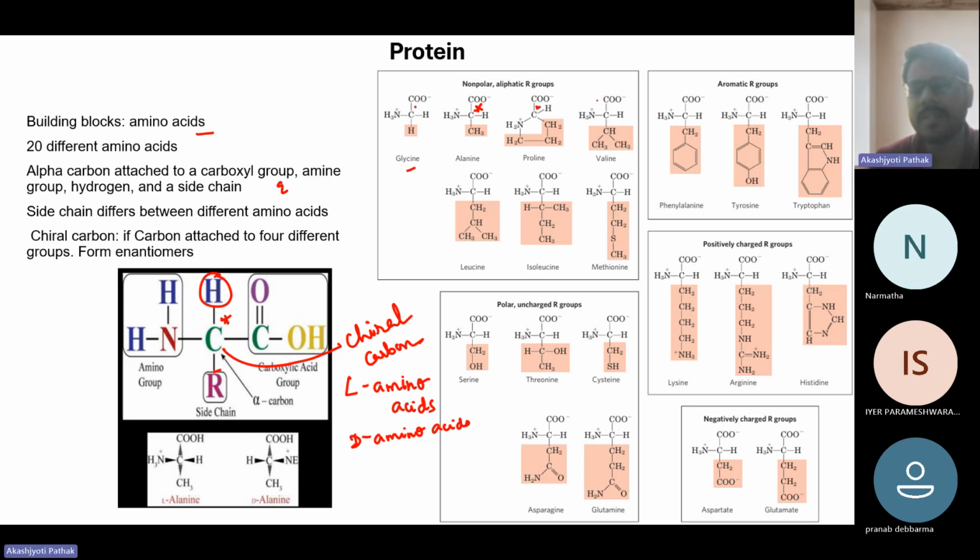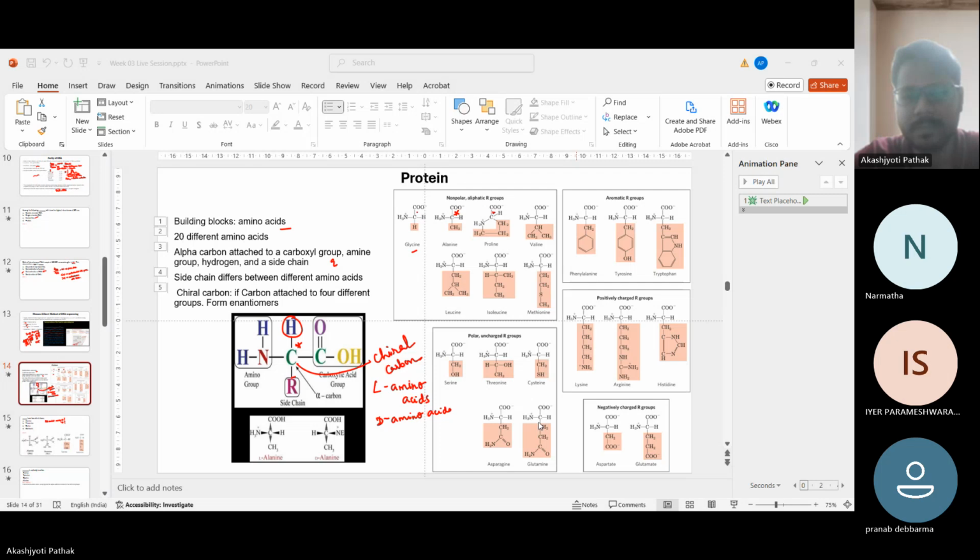So these are the structures of different amino acids. Now, just seeing the structures, can you search for the amino acid having two chiral carbons and tell me which one it is?